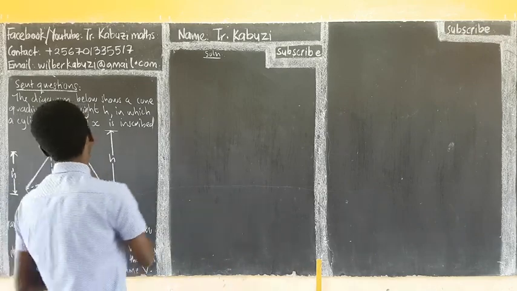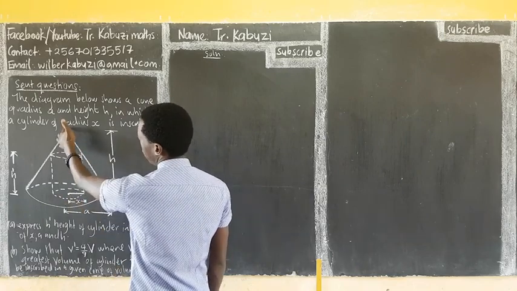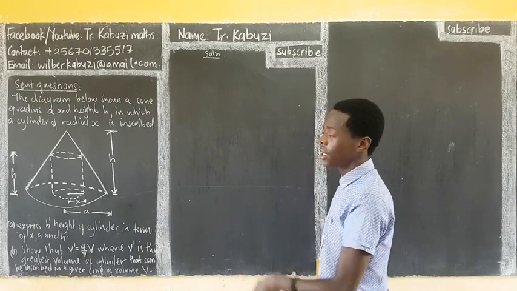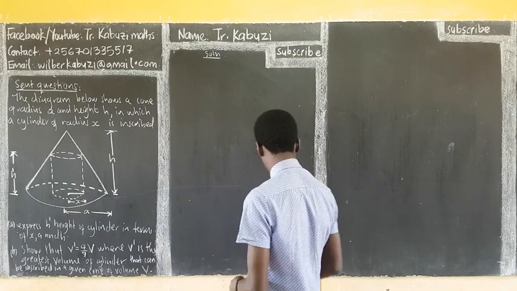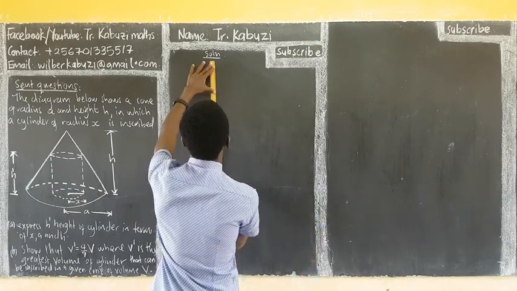But if I bisect this into two, if I cut it in a cross section, then the half of the cross section will create a right angle triangle. So if I do that, this is what happens.